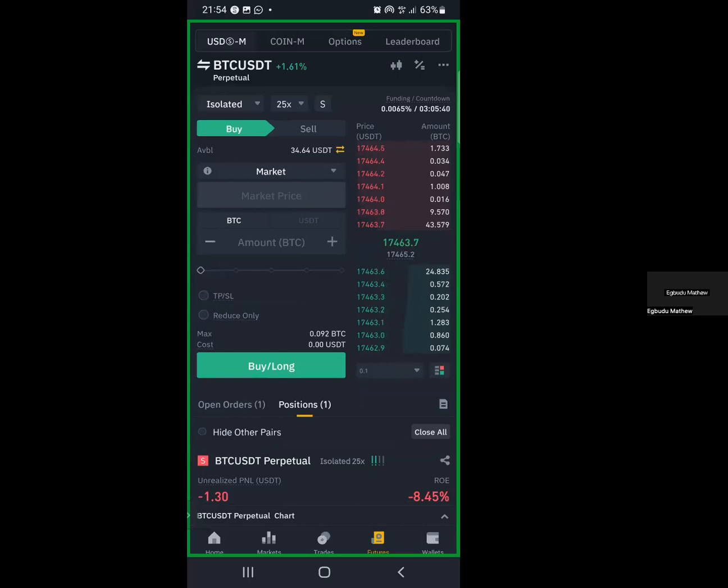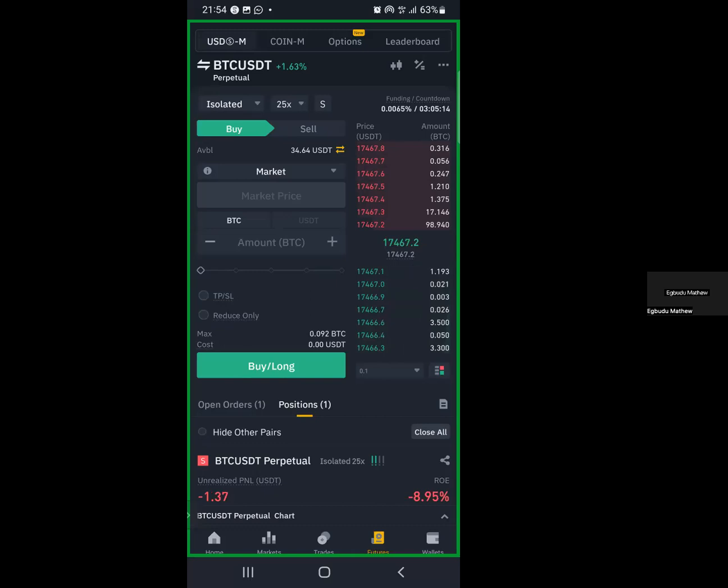What it means is if you're using $10 and your leverage is 100x, the market won't even get to your SL. Now, 2 times 100 is 200. So before the market will even get to your stop loss, you're out already.